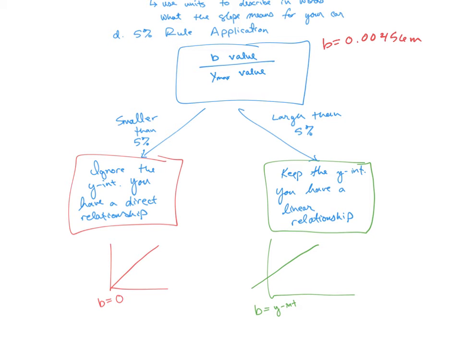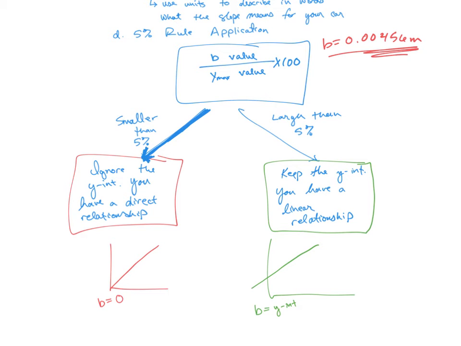What you have to decide is, should I keep this value or ignore it? So you do this little calculation: take your B value, divide it by the highest Y value, and multiply by 100 because it's a percent. If that value is smaller than 5%, then, since 5% in high school physics is kind of the goal, if you can get something within 5%, you're doing it right.